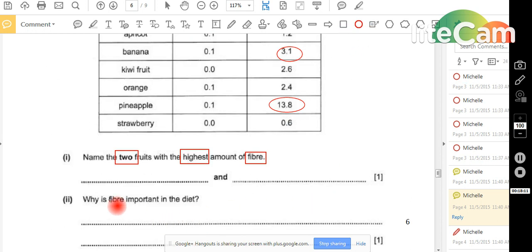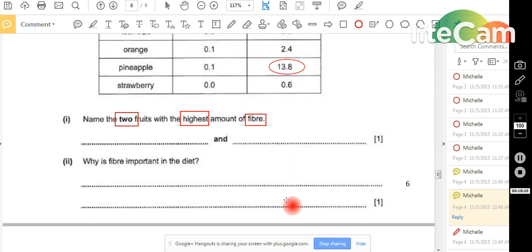Okay, well done. Why is the fiber important in the diet? Okay, I have a long explanation, but I'm going to listen to what you said, and I saw that it's 1 mark. So fiber prevents constipation. Perfect, and you'll get your mark. I like to elaborate. If I was to write that in a normal test, I would be too scared that I wouldn't get the mark.